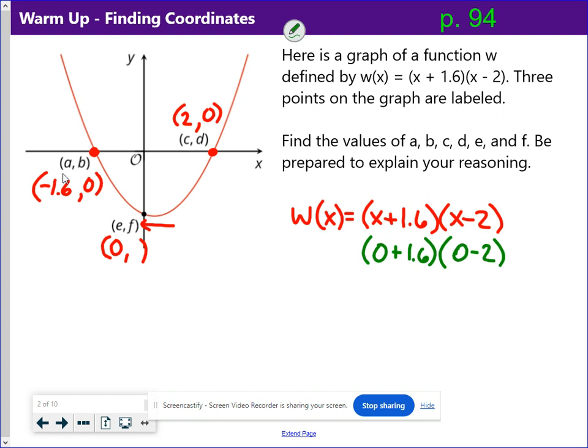Well, 0 plus 1.6 is just 1.6, and 0 minus 2 is just negative 2. 1.6 times negative 2 is negative 3.2. So that's what the y part is. So w of x, that's just another way of saying y, equals negative 3.2 when the x was equal to 0. So that means that the F part of this ordered pair, that F variable, is going to be negative 3.2.